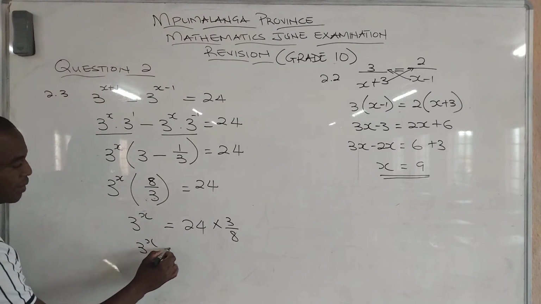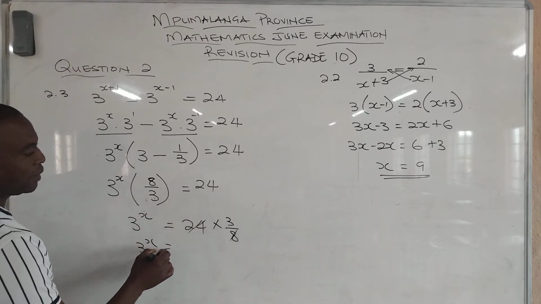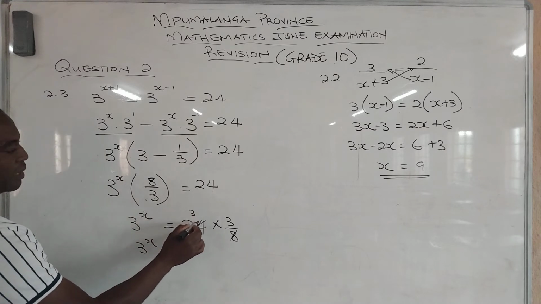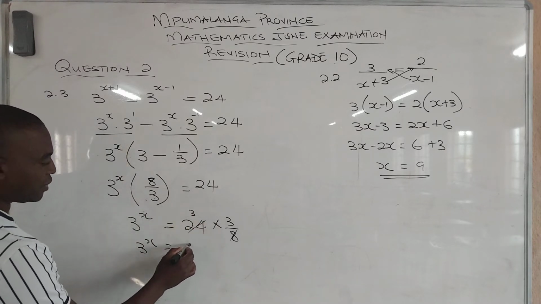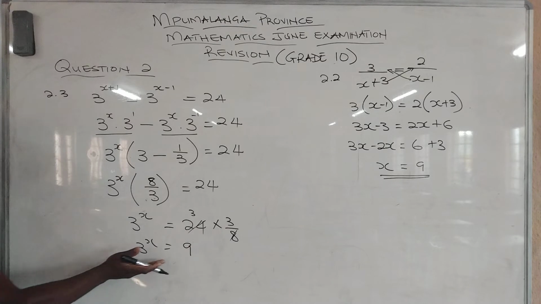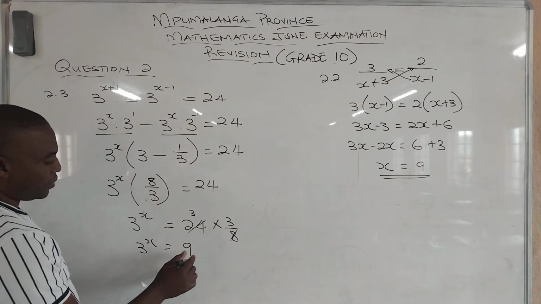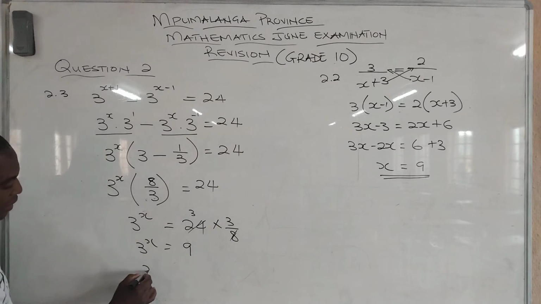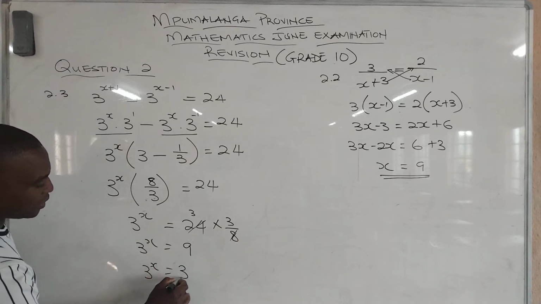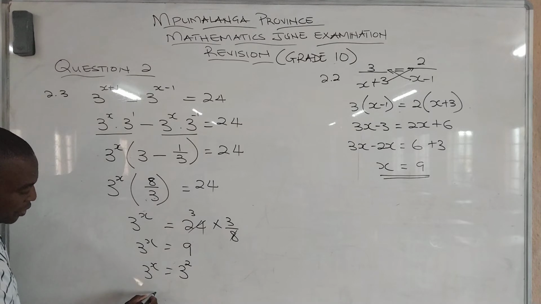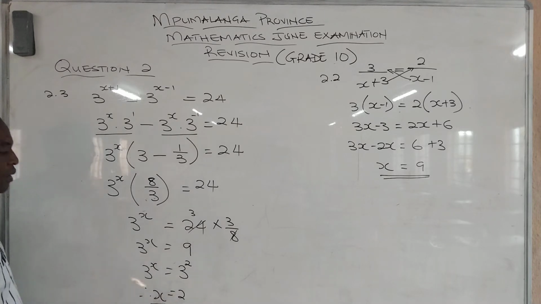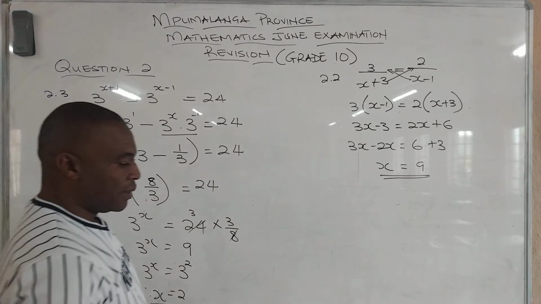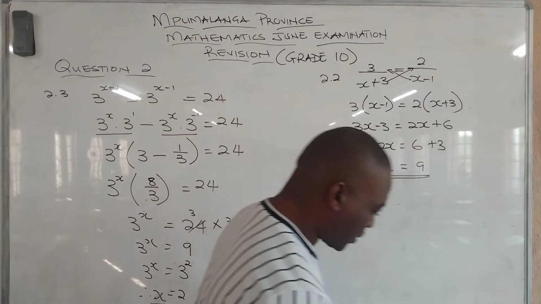So 3 to the power x will be equal to, it goes in 3 times, that will be 3 times 3, that will be 9. And definitely when you get this far, you know that you have to express 9 in powers of 3, that is 3 to the power x is equal to 3 to the power 2, which is, therefore, x is equal to 2. Alright, that's how we solve these exponential equations.